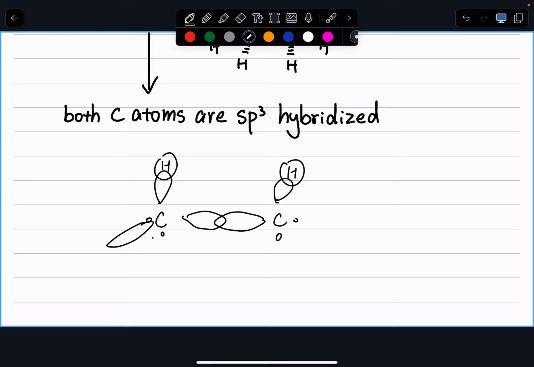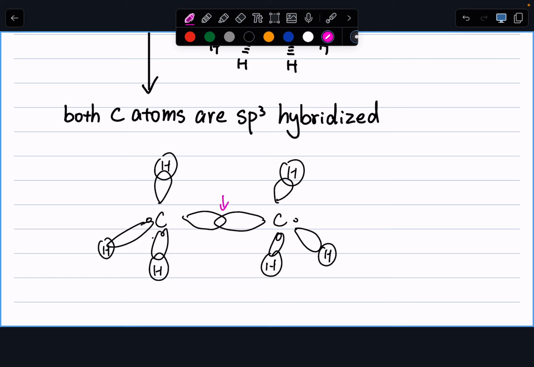Another one coming out of the plane forms another bond with hydrogen, and another one goes inside the plane. In this kind of sketch, we say this sigma bond comes from the sp3 hybridized atomic orbitals of the carbon.